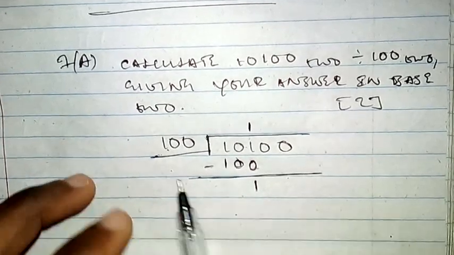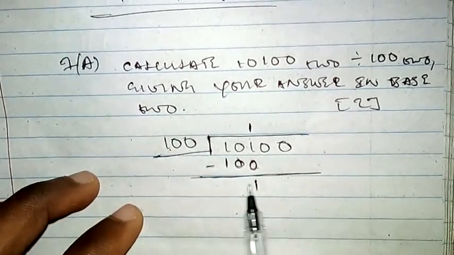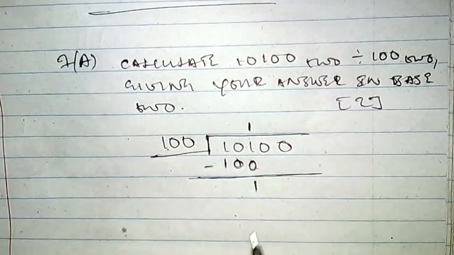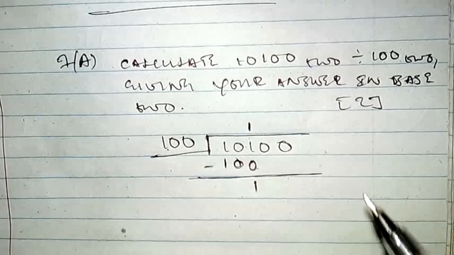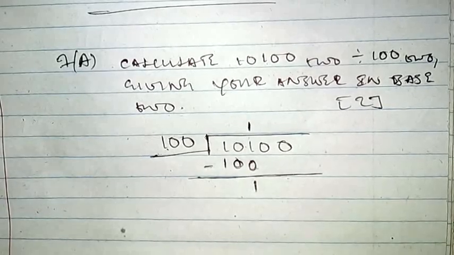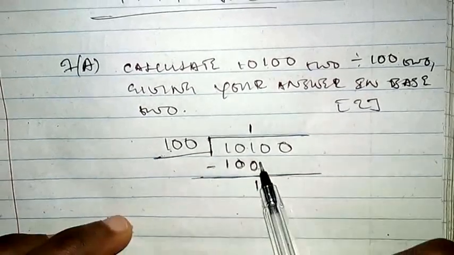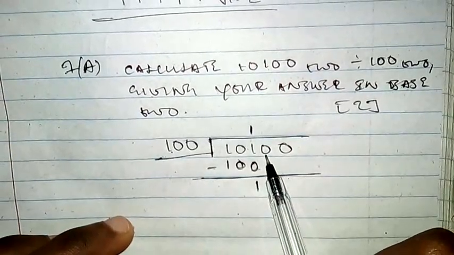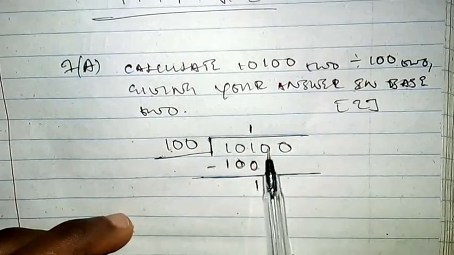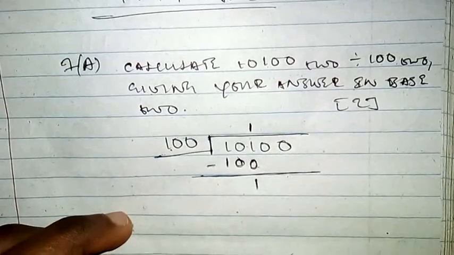So what we should do is divide this 100 into this 1. It cannot go into there. So what should we do? I'm gonna try to slow down here, because I feel like I'm going really fast. We drop down a digit. To our right side here, we have 2 digits.